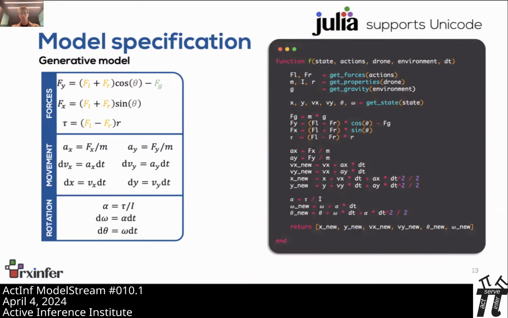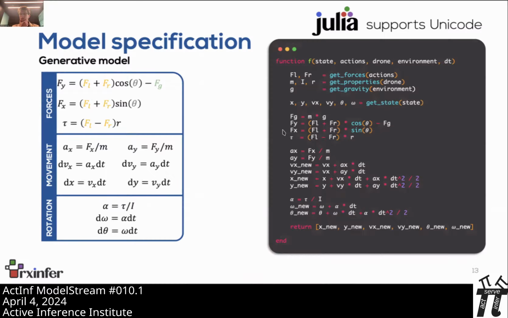With all these properties, characteristics, and states extracted, we can actually start implementing the equations that we have on the left. So Fg, which is the force generated by the gravity, is simply equal to the mass times the gravitational constant. Fy and Fx I merely copied from the equations on the left.